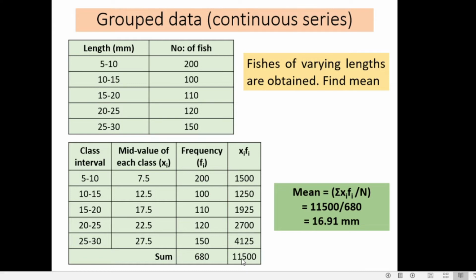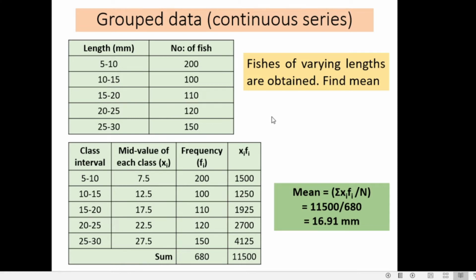And the sum of xi fi is 11,500. So how do we calculate mean? Mean is equal to sigma xi fi, that is the sum of xi fi values, divided by the total number of observations. So here 11,500 by 680 is equal to 16.91 millimeter. So this is the mean length of fishes obtained in this study.